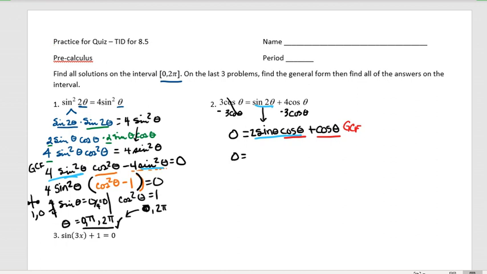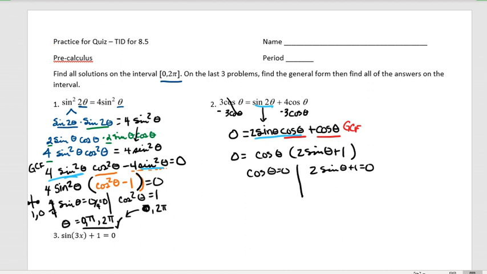What that leaves me is 0 is equal to cosine theta times 2 sine theta. What do you think goes next? You better say plus 1, okay? Now I'm going to let both of these set equal to 0. Cosine theta equals 0 and 2 sine theta plus 1 equals 0.